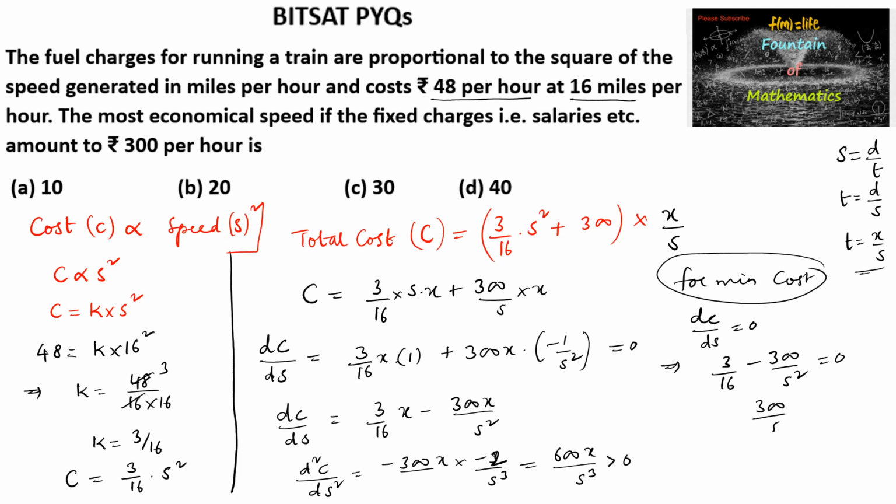So 300 upon S square is equal to 3 upon 16. So S square is equal to 16 into 100, or S is equal to 4 into 10, that is 40. So to get the minimum cost, we need to maintain the speed as 40 miles per hour. So we can go with option D, that is 40.